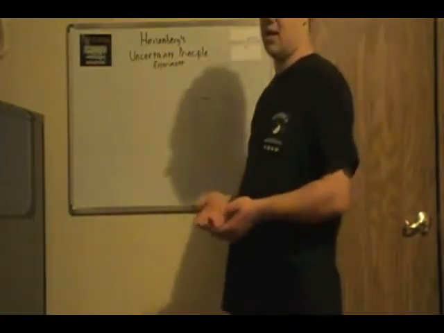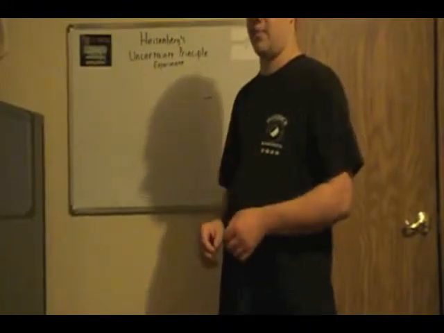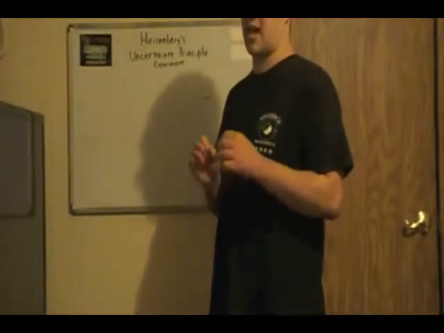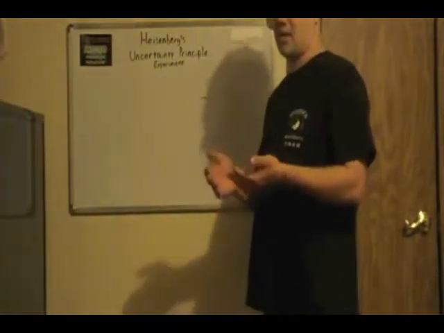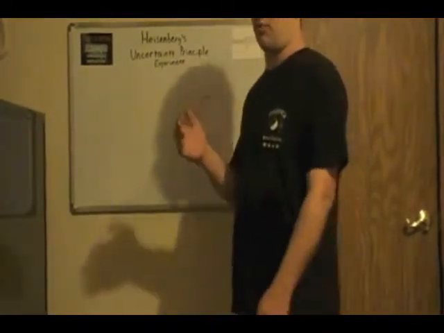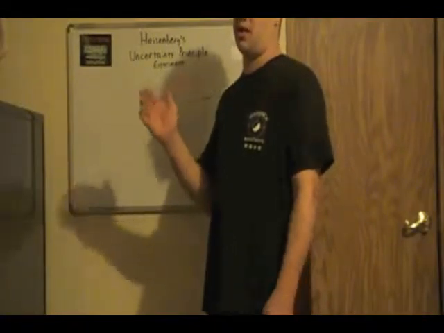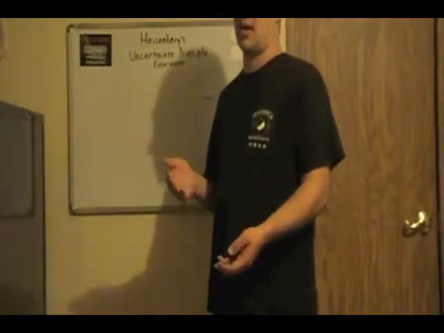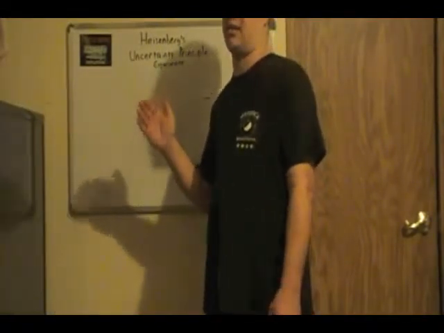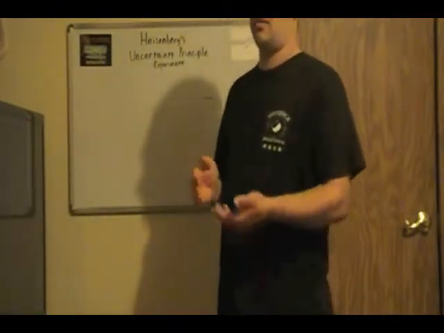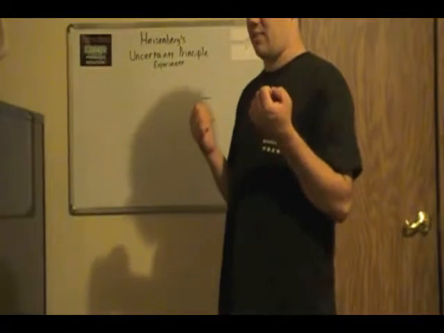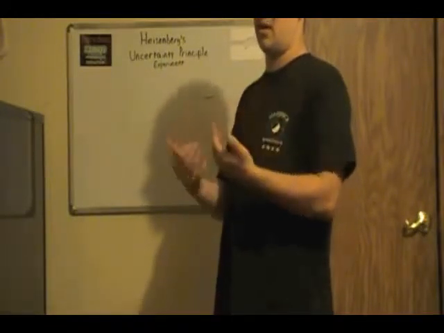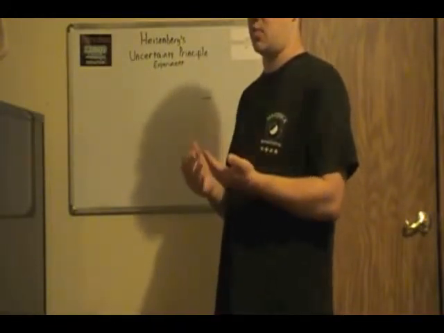But understand that technically, you can never know that it's exactly 1 inch long. You could say it's about an inch, but how do you know it's not 1.00001 inches long? How do you know it's not 0.99999 inches long? You can't know exactly. You can only know depending on the preciseness of the instrument you were using.